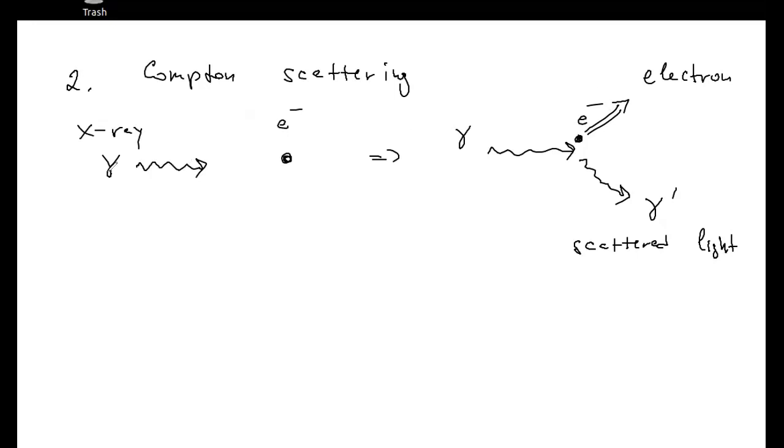From a classical point of view, if you have an electromagnetic wave and you have a particle inside the electromagnetic wave, the particle will start to oscillate at the same frequency as this light. So when the electron starts to oscillate, it can emit another light, but this scattered light should be of the same frequency and the same wavelength.